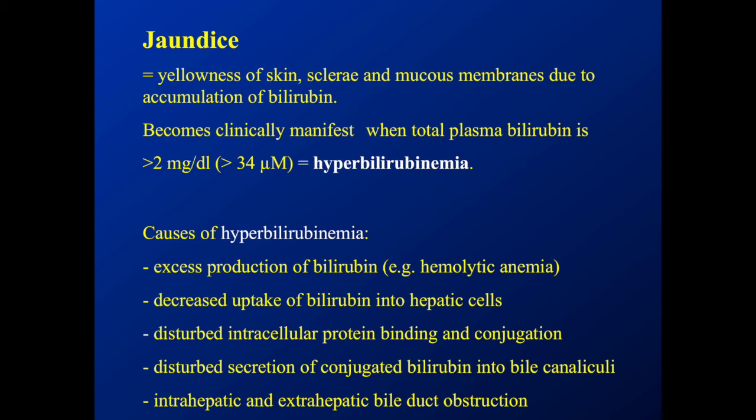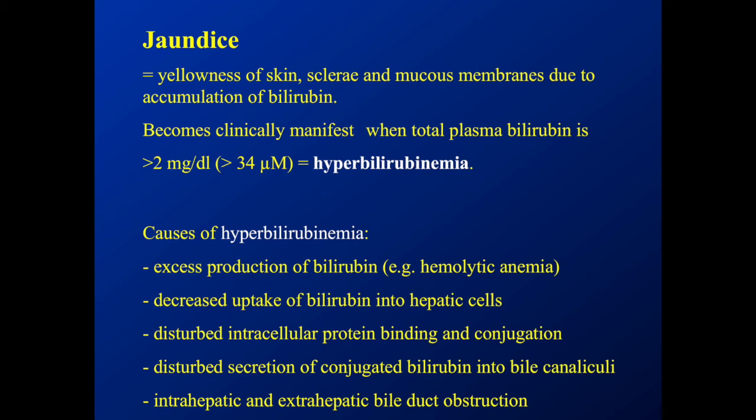You could have excess production of bilirubin because of excessive breakdown of red blood cells, and this is called hemolytic anemia. Or there could be problems with the liver, whether you get decreased uptake of bilirubin into hepatic cells, and so you get large circulating concentrations that you can see from outside the body.